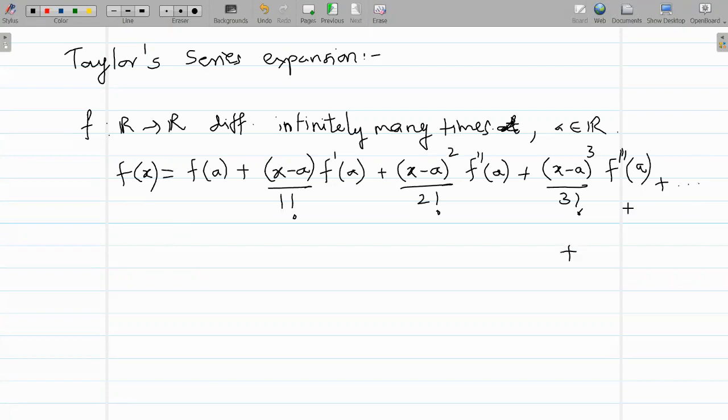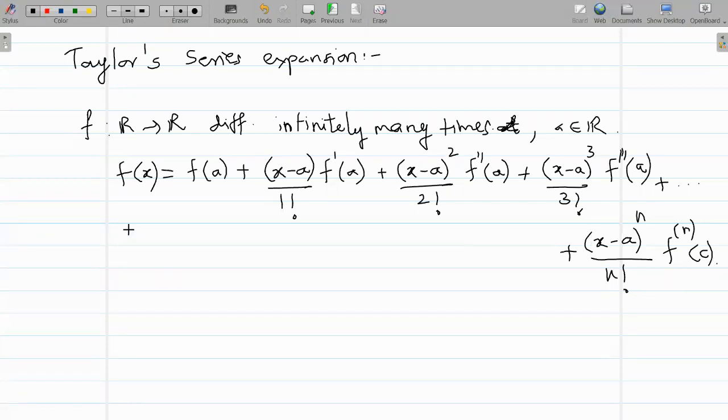And whenever you stop in between, say at the nth term, suppose I'm talking about the nth term, then I mean the term is n plus 1, nth power term. Then I can adjust the error by saying there is some c which will be lying between a and x such that f of x is equal to this one. ठीक है, तो अगर हम फाइनाइटली मेनी टर्म्स में रुकना चाह रहे हैं और इक्वल टू लिखना चाहते हैं, then the error adjustment is happening at the last term.